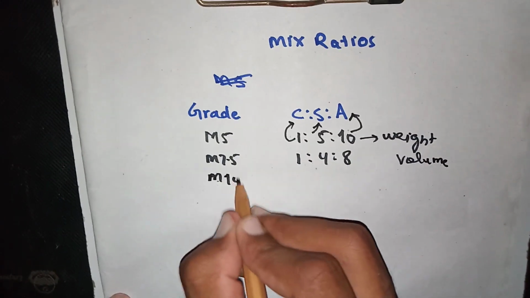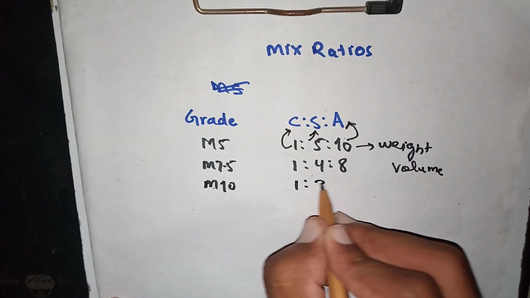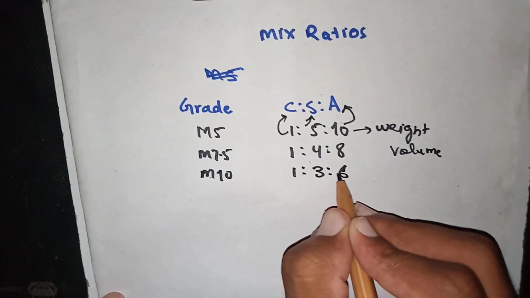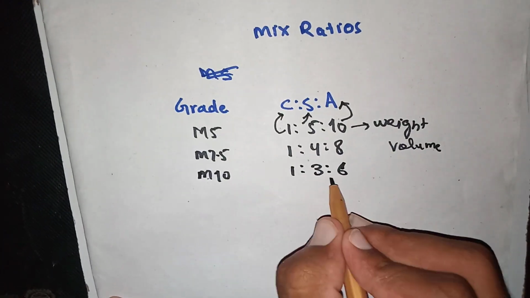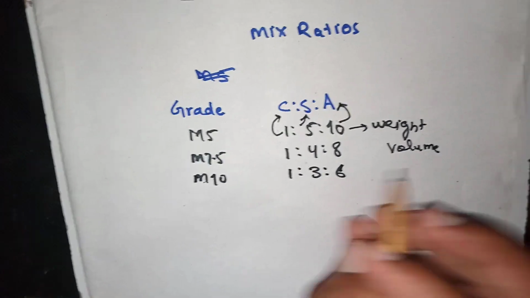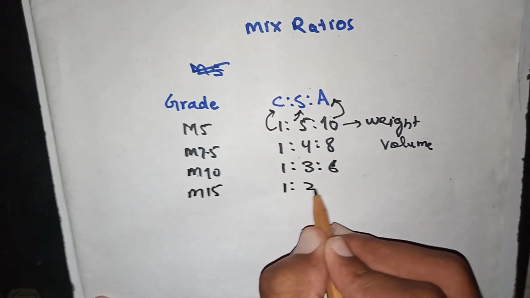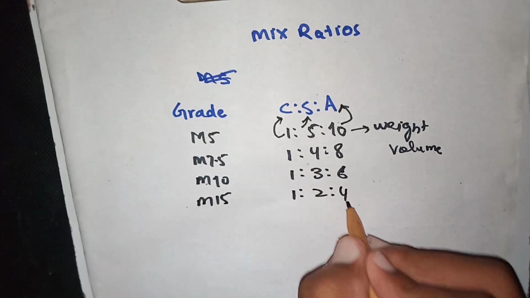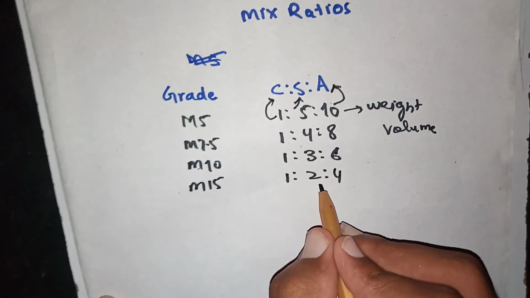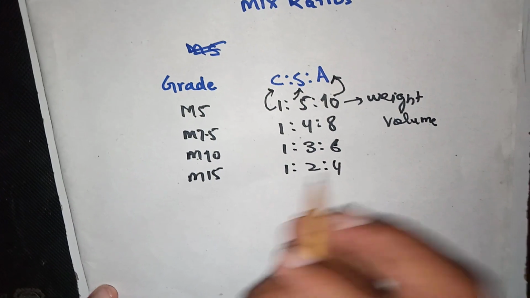Similarly for M10 this ratio is 1:3:6. 1 cement, 3 sand, 6 aggregate. Similarly for M15 it is 1:2:4. 1 cement, 2 sand, 4 aggregate.